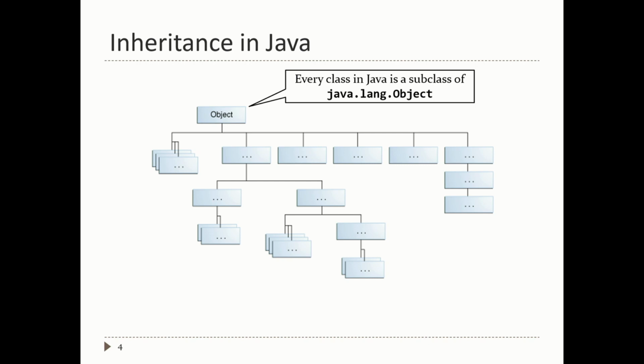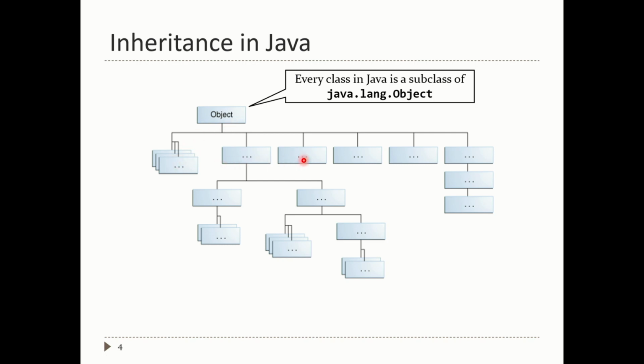This is not a UML class diagram. This is just a plain old diagram that shows you what the Java class hierarchy looks like. At the top of the hierarchy is java.lang.Object. Every class in Java is derived from, or inherits from, Object.